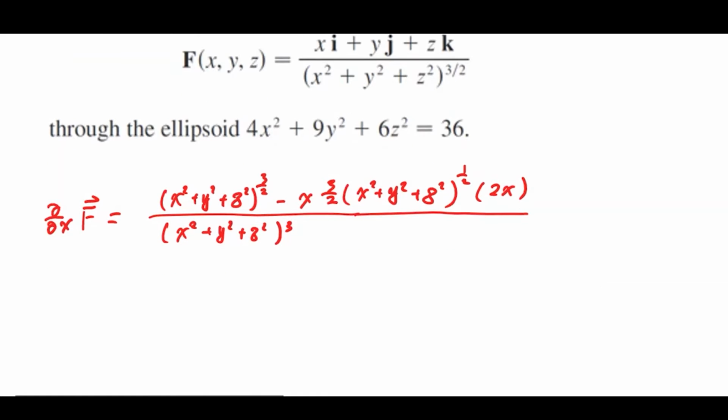Now, how does this thing simplify? This thing simplifies to x squared plus y squared plus z squared. This is misleading, isn't it? Because if I say this, then that I vector, you know what I'm saying? How do I want to express this? Okay, I'm going to go back and we'll just do this divergence.